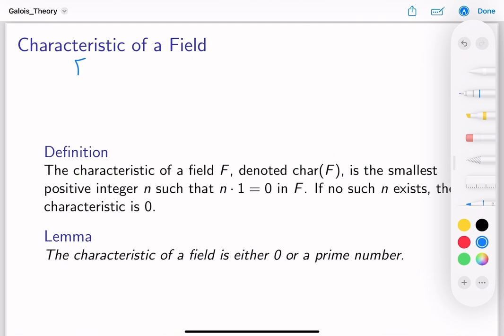Let's consider the field F_p, and I remind you F_p is the field Z mod pZ.